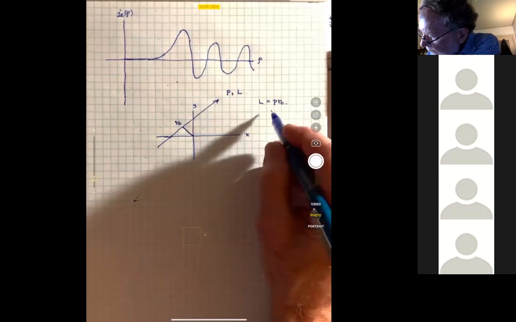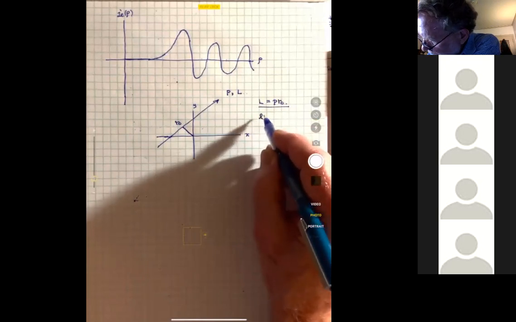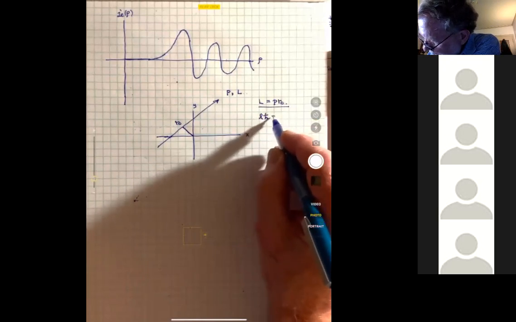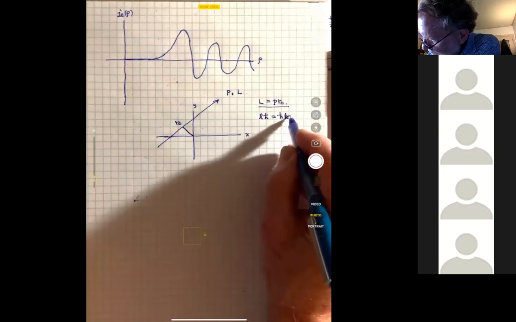Now if we take these classical relations and convert them into quantum mechanics, capital L can be identified with the L quantum number times h bar. The momentum p can be represented as h bar times k, and R0 I'll just leave as R0.